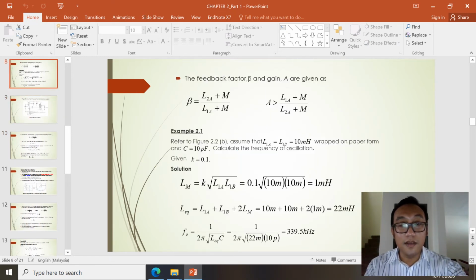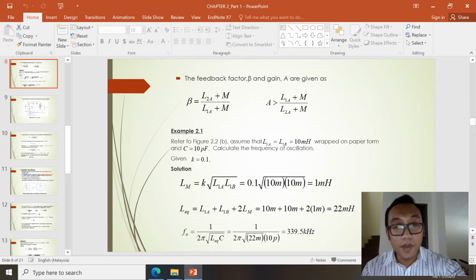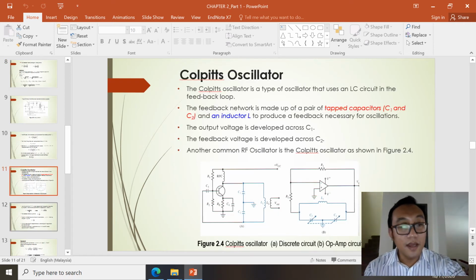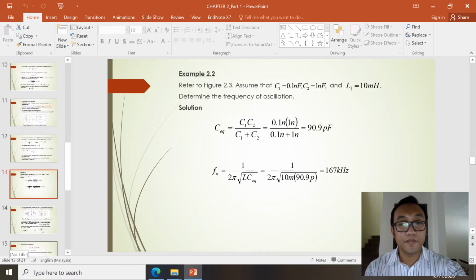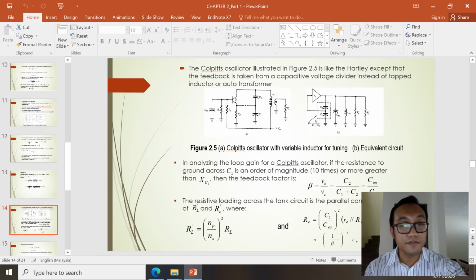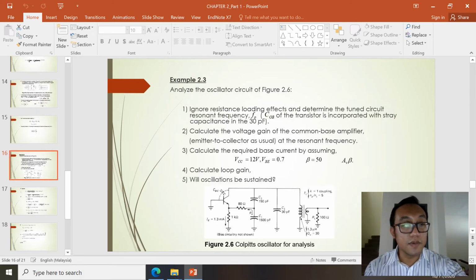In the Hartley oscillator, the feedback factor depends on the inductor, and the gain depends on the inductor, not the capacitor. But in the Colpitts, the gain depends on the capacitor, and the feedback depends on the capacitor. Okay, this is the example. Some more examples also.